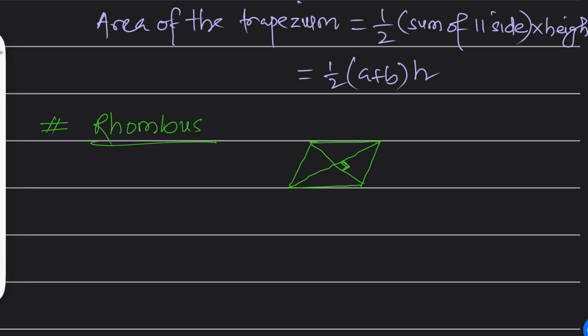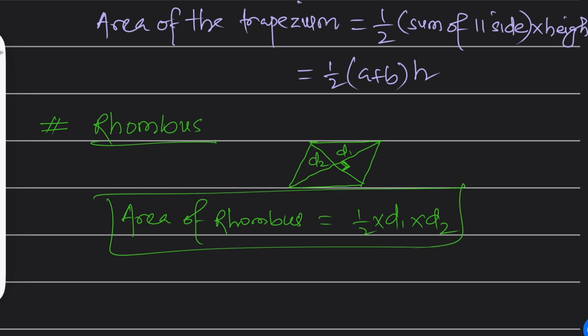The area of a rhombus can be calculated as half into d1 into d2, where d1 is one diagonal and d2 is the other diagonal.